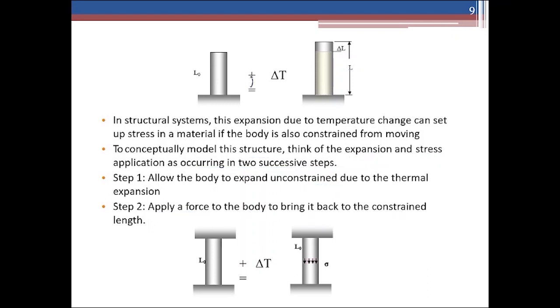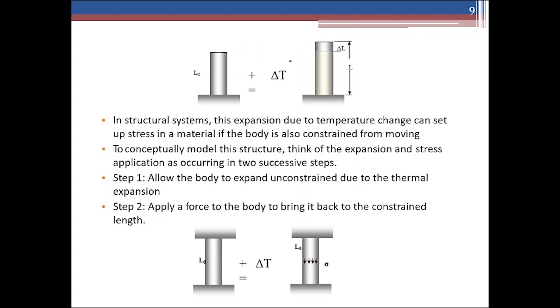When we let a structure expand due to thermal change, the structure will expand. After the material expands, we apply force to make the structure return to its original length. The force given to the structure to make it go to its original length will produce stress in the material or in the structure.